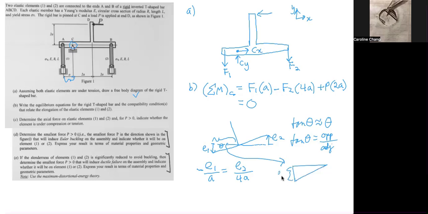So E1 is the opposite, and adjacent was the A, and theta was here. And we used a similar reasoning for the second triangle over here.